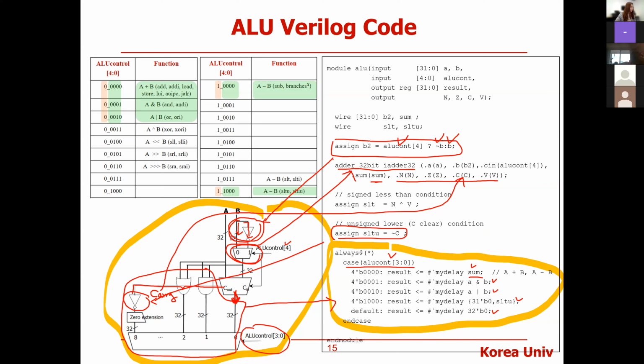Then if the wire name is the same, B2, that means that they are connected. Okay, the wire name is the same, this wire, then they are connected, right? And SLT, that is not shown in the schematic diagram. SLT, okay? That is not shown.